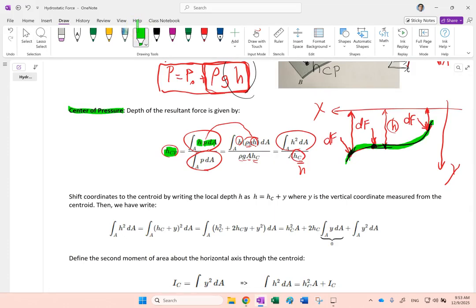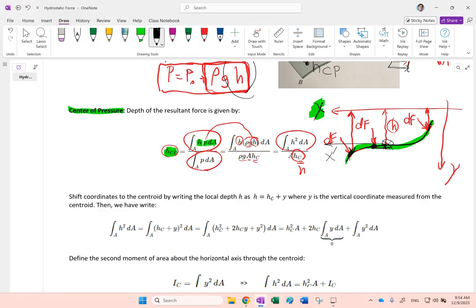So this is going to be the second moment of the area for the whole surface with respect to the x-axis. And the way we do it is, instead of calculating it with respect to this x-axis, we bring our axis through the centroid of the object, the surface. So if this is the surface, we calculate it with respect to this axis, this x prime, okay?